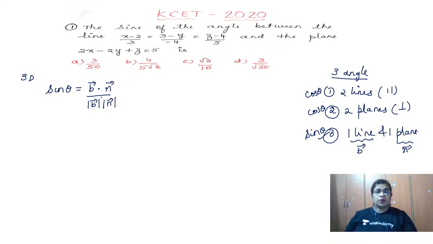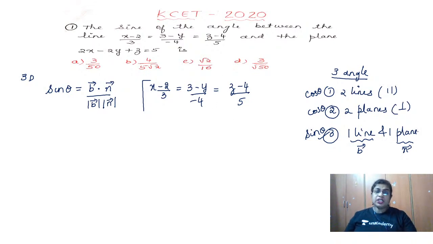Okay, so now we have to identify what is b vector. So look, what is the line equation given? The line equation is (x minus 2) by 3 is equal to (3 minus y) by minus 4 is equal to (z minus 4) by 5. Okay, now observe here.